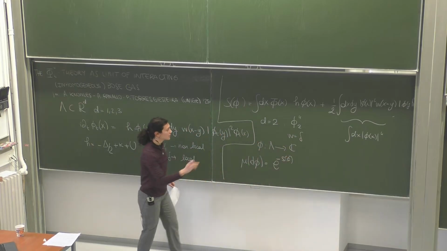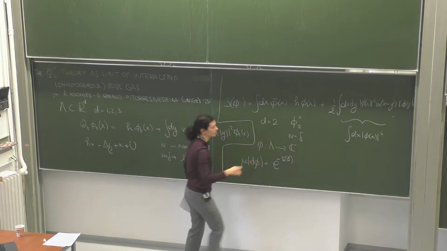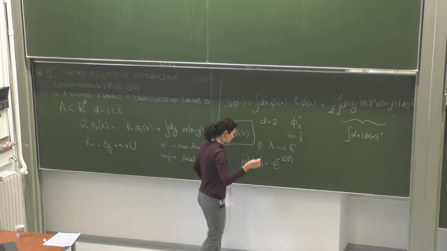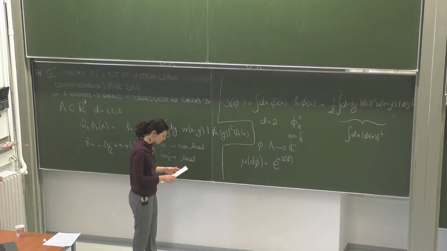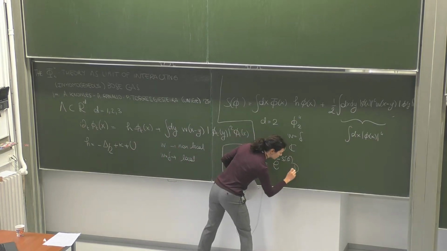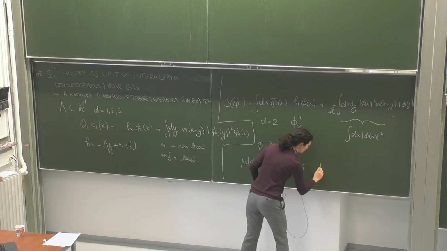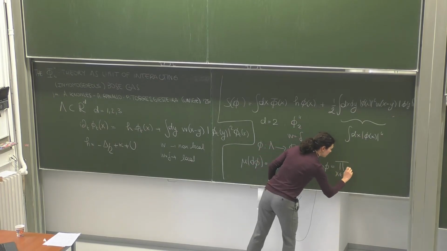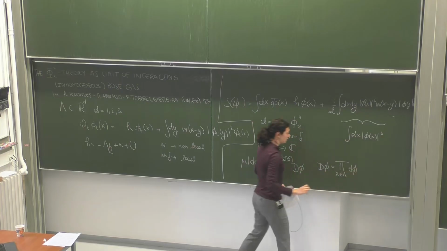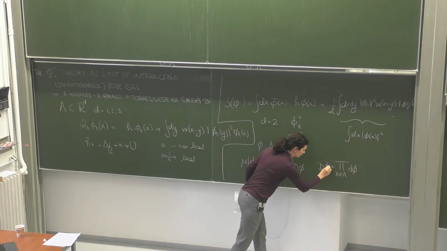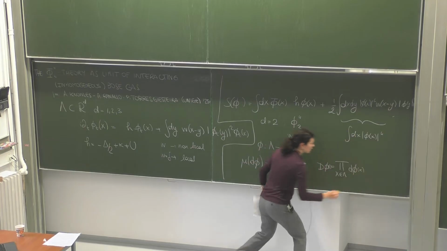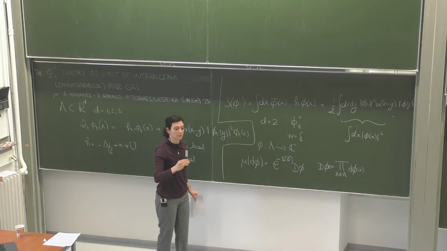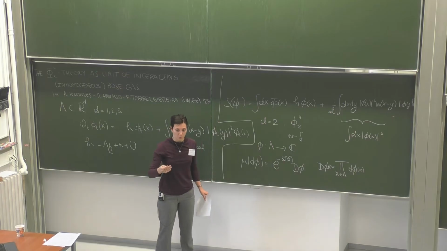So here we see that we have the free energy and the interaction as usual. And here I forgot the measure, and d phi is a formal uniform probability measure because we don't know if this measure exists.